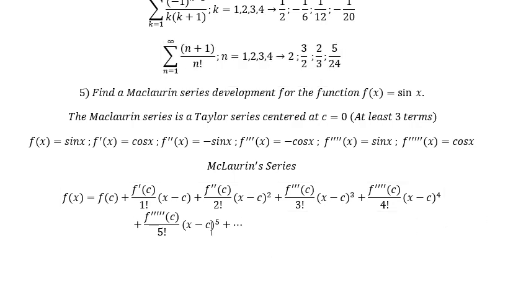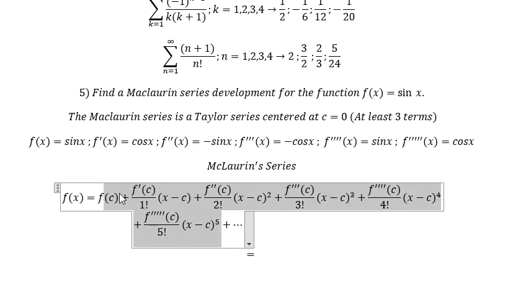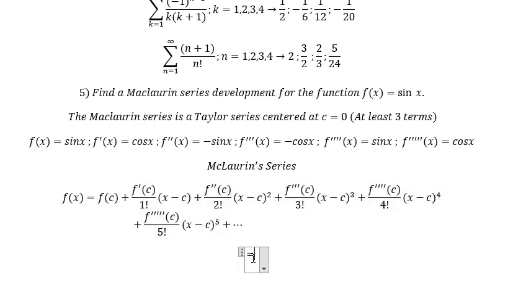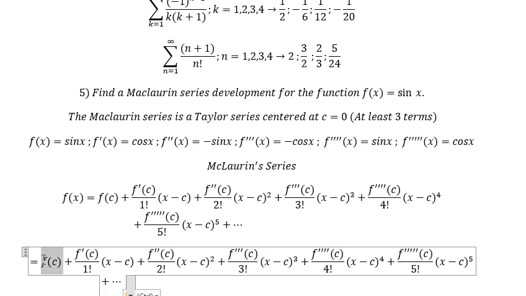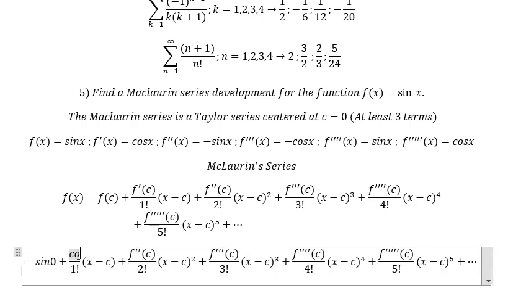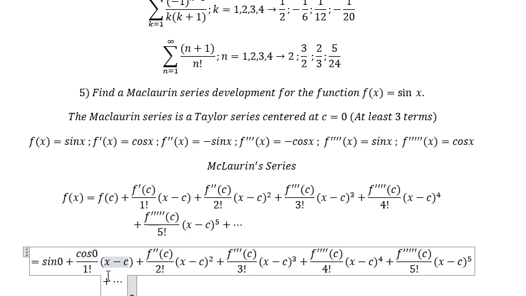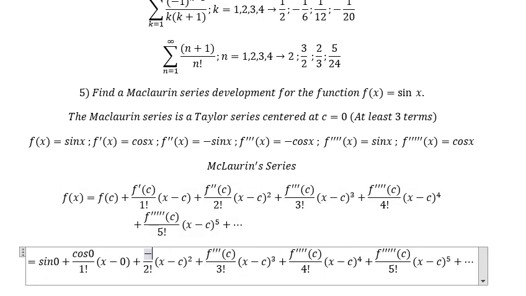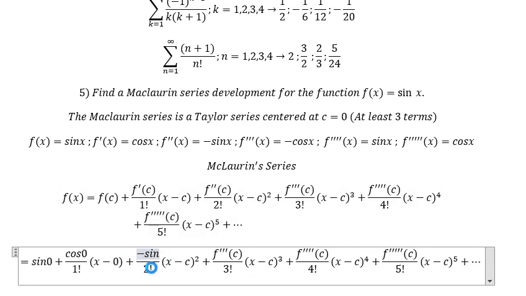So we just put the number in here, here, here, here, here, here. And we got about sine of 0. This one you got about cosine of 0. This one we got about negative sine of 0.